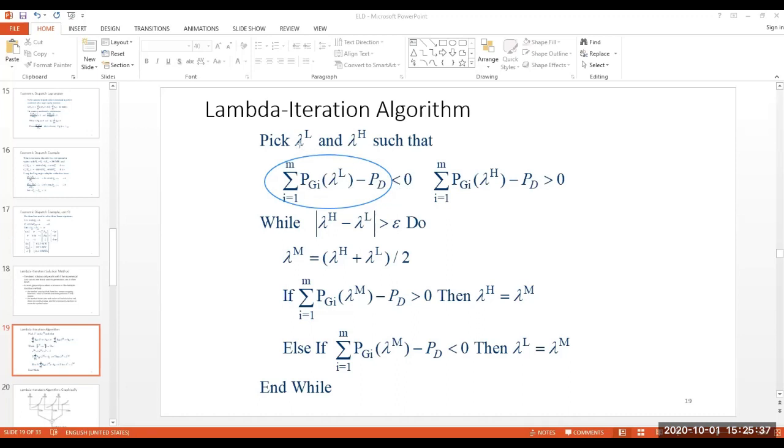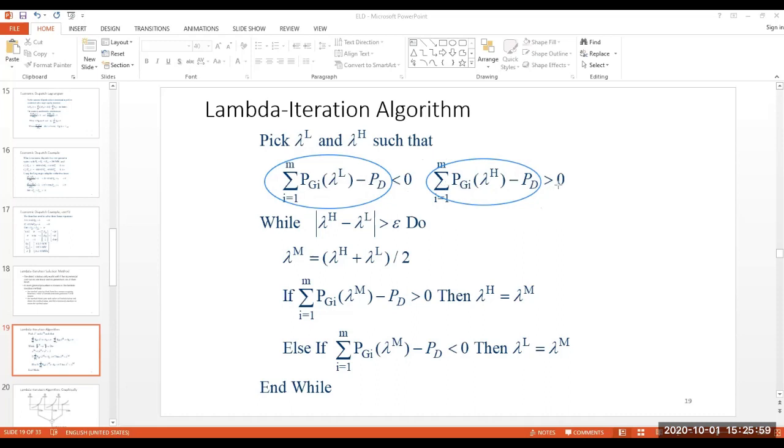That lambda would be my lambda L. And I pick another lambda which is higher than lambda L, such that this error function becomes positive. So basically I am taking one lambda value in such a way that my error is negative, and another lambda value which gives me a positive error.